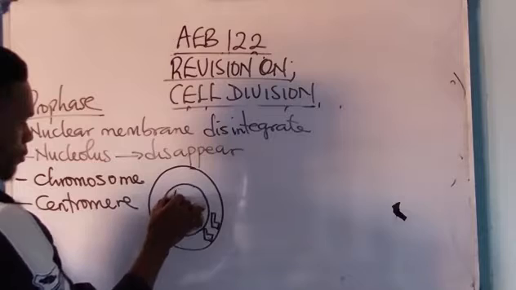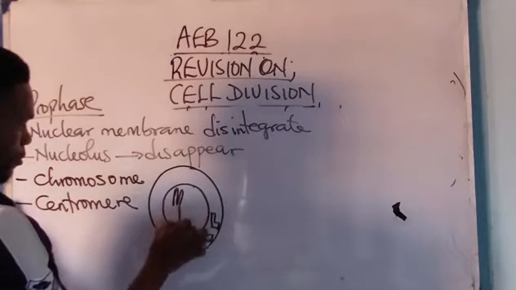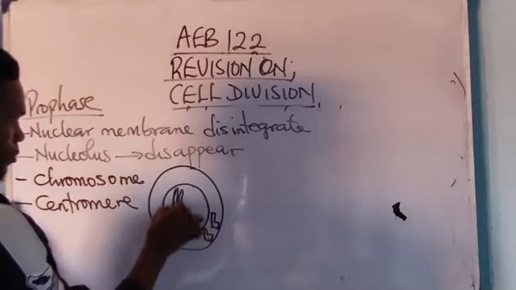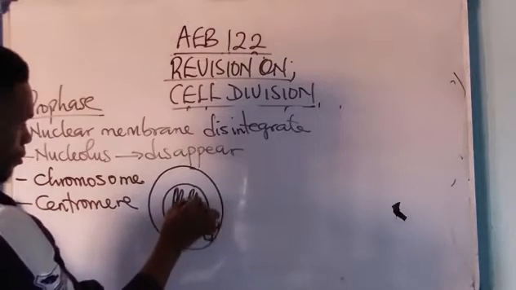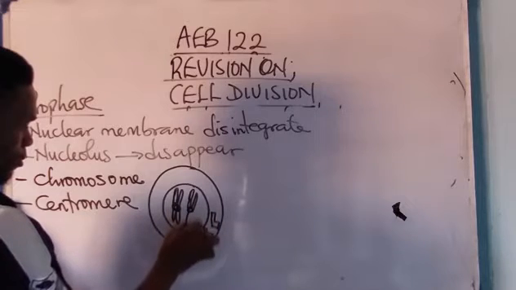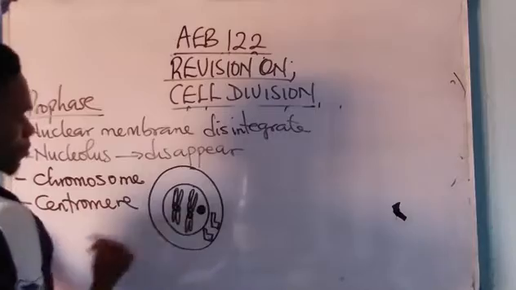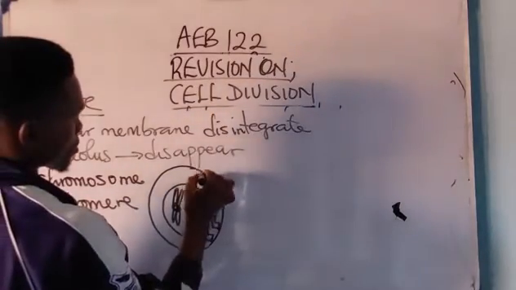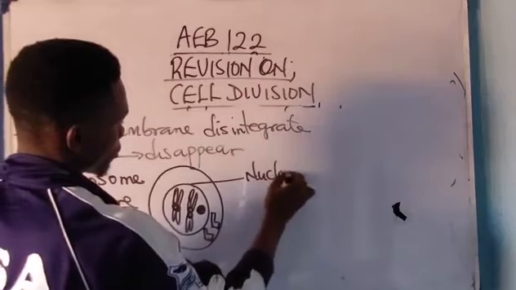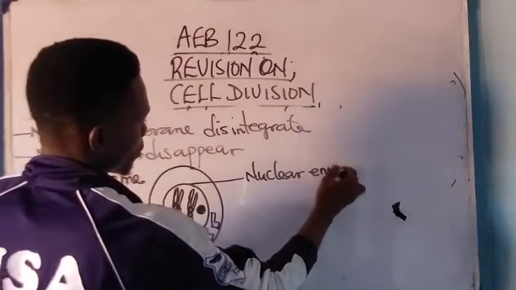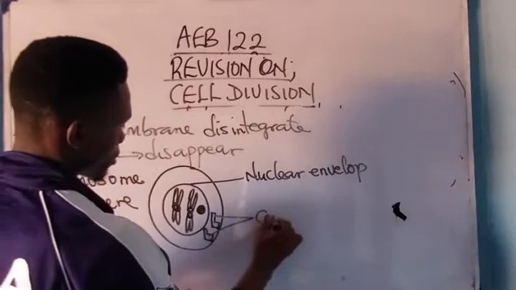Now you have this is a nuclear envelope. This is centromere.